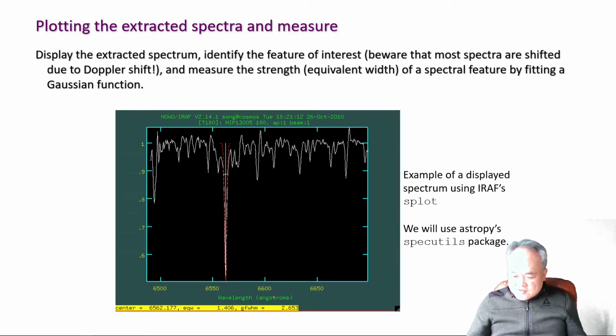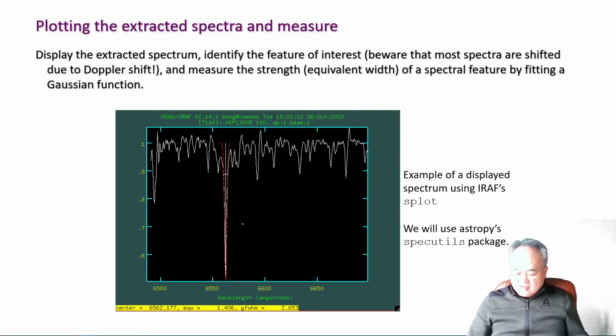The spectrum is displayed in units of angstrom, so the equivalent width should have the same unit as the wavelength unit used. The equivalent width is 1.406 angstrom.